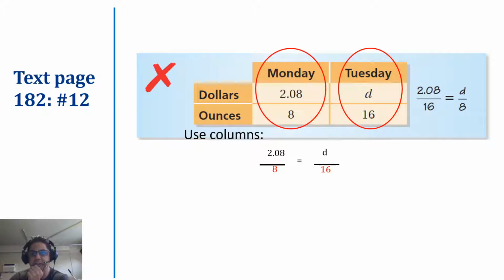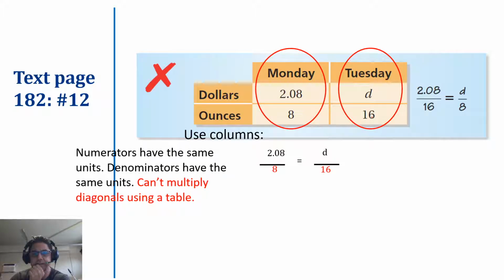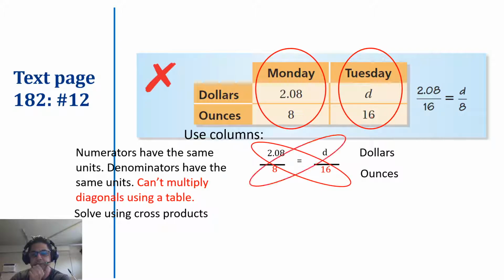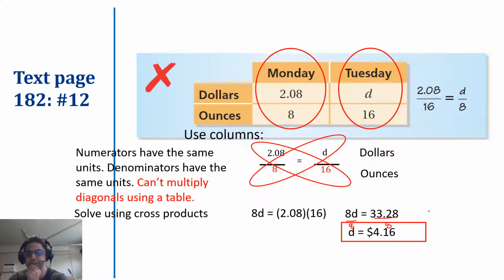If you cross multiply, 8D is equal to 33.28. Divide by 8. Whoa, that looks pretty bad. So the cost for 16 ounces is $4.16.